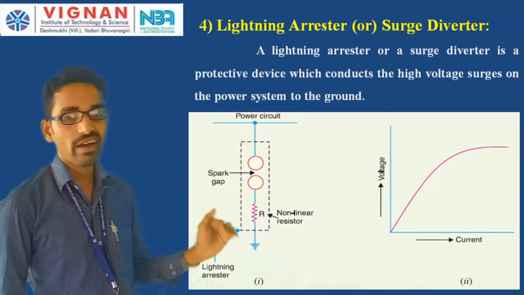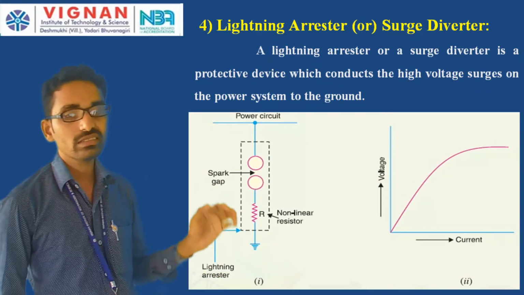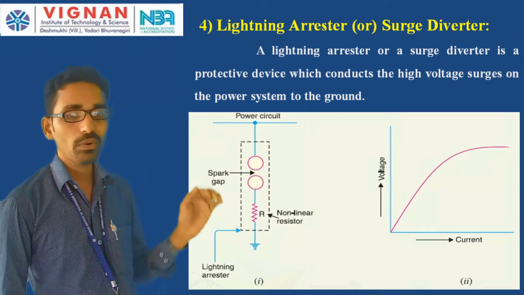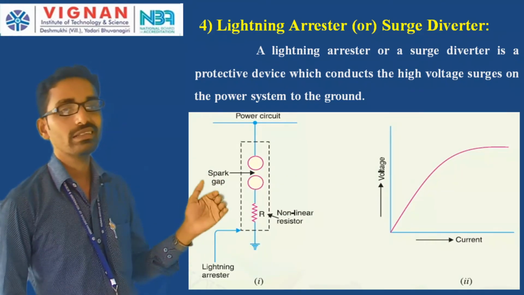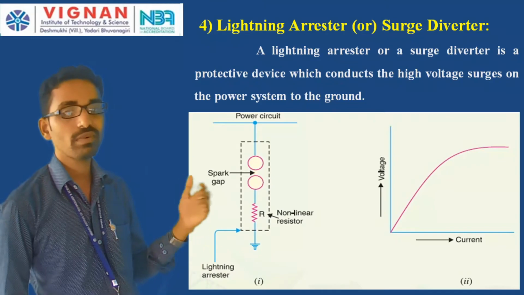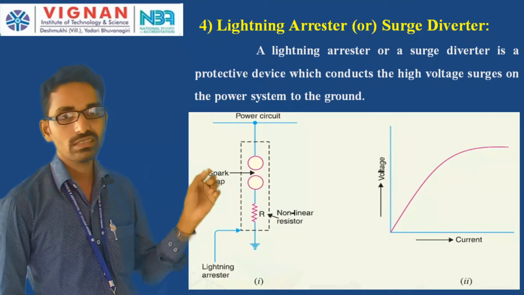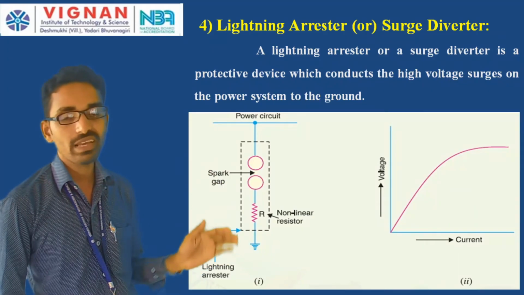And if you see the non-linear resistor, it will provide a low resistance path to the surge currents, and a high resistance path for the normal power currents flowing through the line.